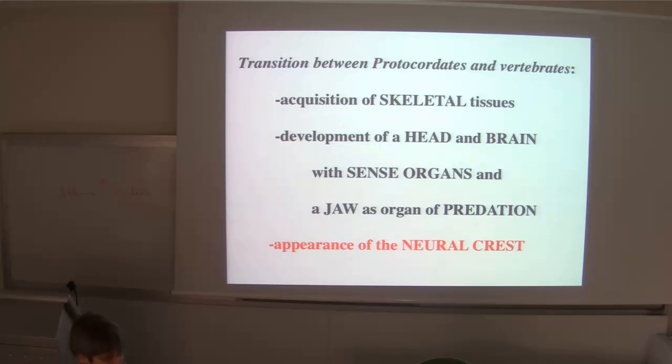But everything depends on what you define as a neural crest. A neural crest is defined as a cell which undergoes EMT, epithelial to mesenchymal transition, migrates to the periphery and generates components of the peripheral nervous system or the ectomesenchyme. If this is your definition of a crest, then the Ciona and others do not have crest.